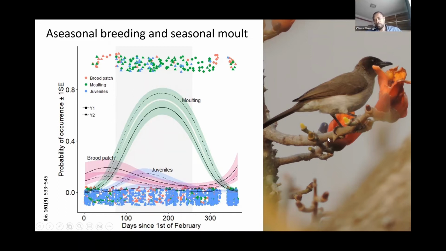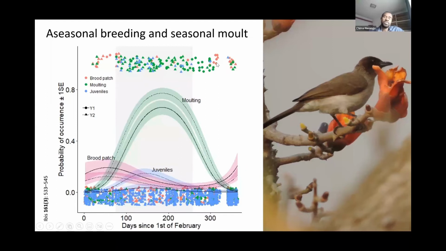We also aged the birds, to know whether they were young birds or old birds. And when we plotted the data, we saw clearly that birds can breed at any point in the year, even though there's a small peak here and here.